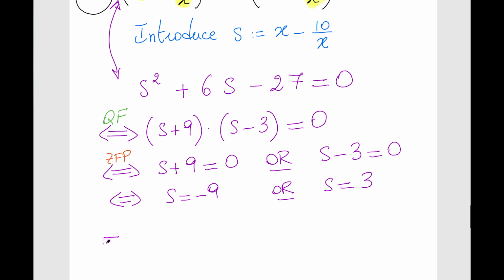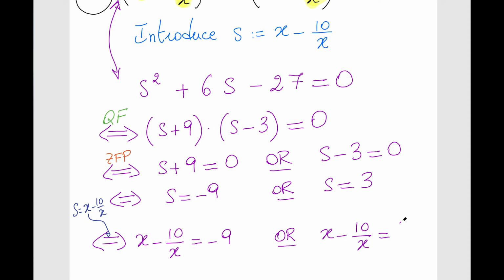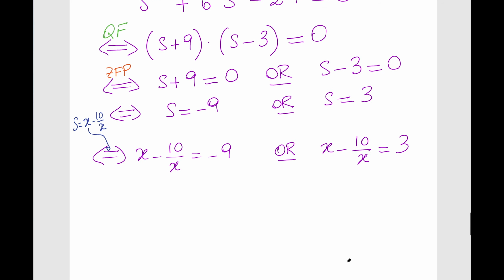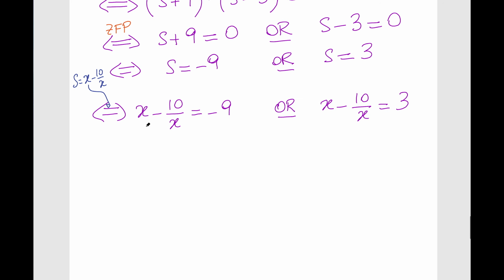So since s is x minus 10 over x, what we get is x minus 10 over x equals negative 9, or x minus 10 over x equals 3, right? Okay. All right, how can we proceed here?